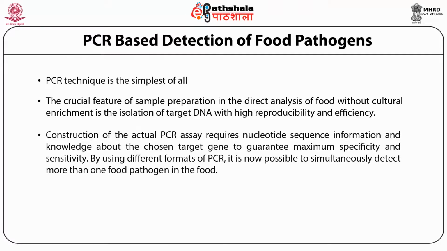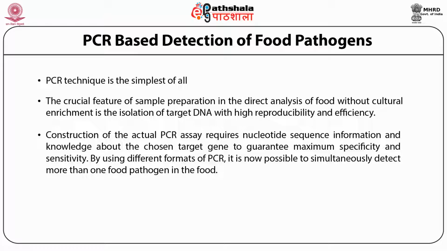So construction of the actual PCR assays requires nucleotide sequence information and knowledge about the chosen target gene to guarantee maximum specificity and sensitivity. By using different formats of PCR, it is now possible to simultaneously detect more than one food pathogen in the food.